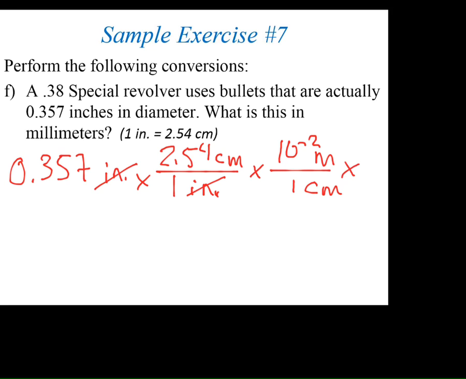So, okay, now I'm in meters, and I want to go to millimeters. So I'll just keep going down here. What's milli mean? 10 to the -3, right? 10 to the -3. Top or bottom? Now, why is it bottom this time? It was top last time. I'm so confused.